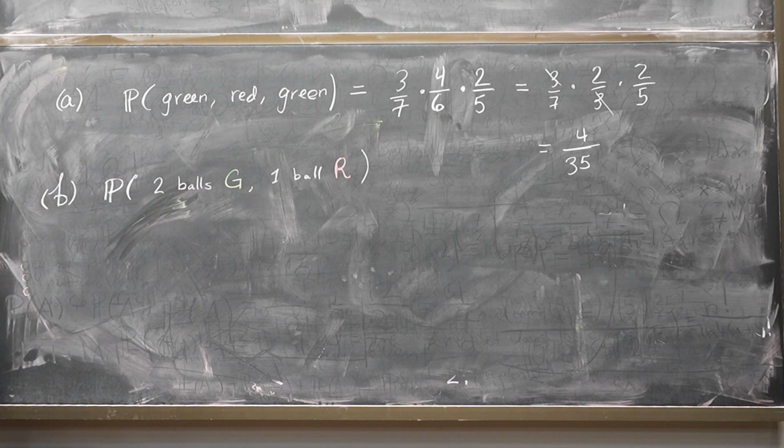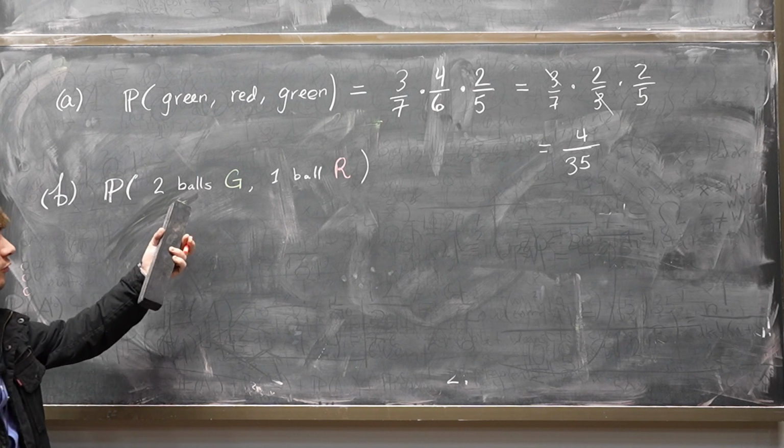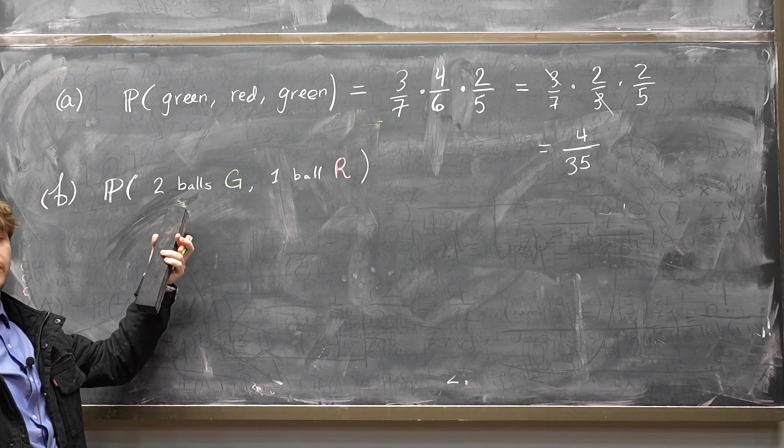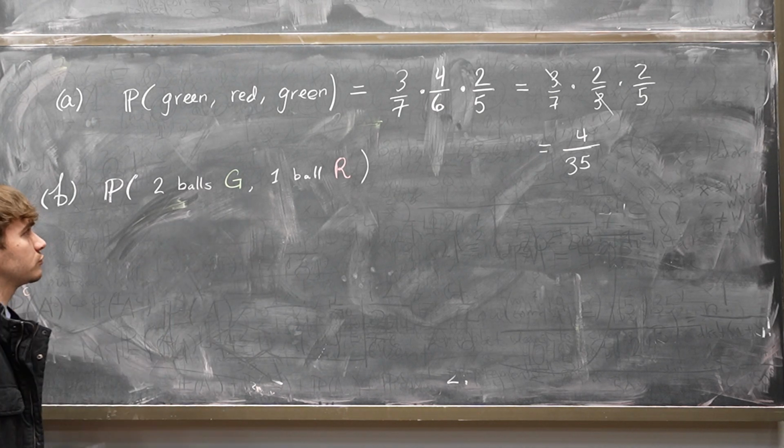So the naive way of tackling this is just to split this into all its possible cases, which is what I'm going to do, because this is how I would tackle the problem. And maybe you could find a better way of approaching it. And if so, please leave that in the comments. But what I'm thinking is that, we're looking at the probability that 2 of our balls are green and 1 of them is red.